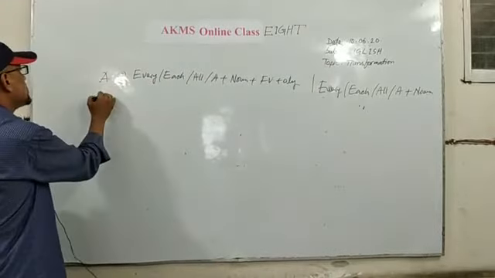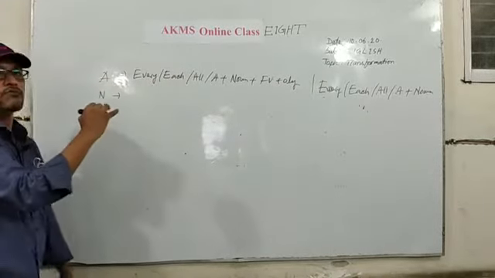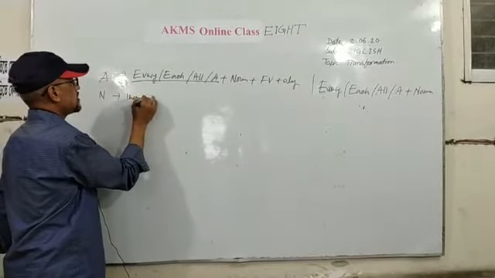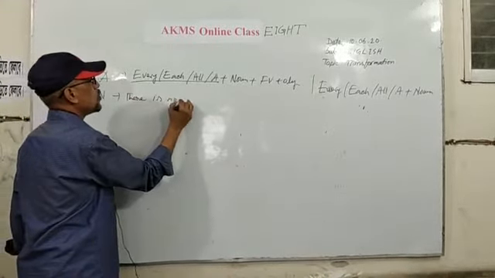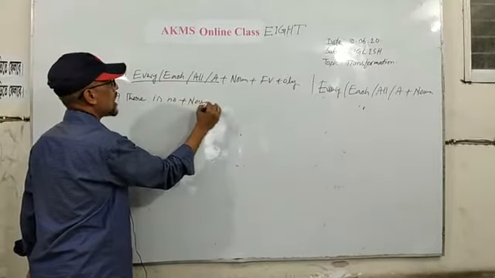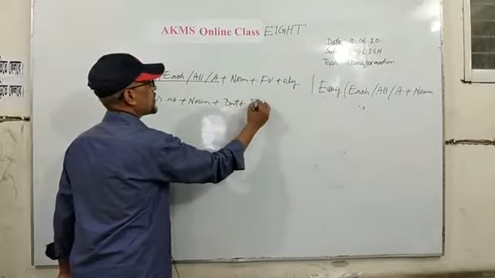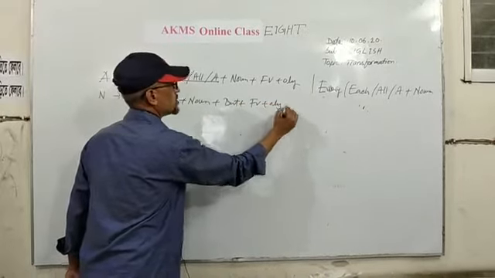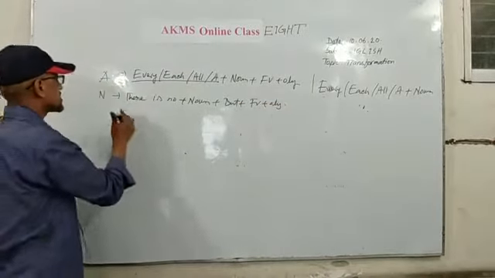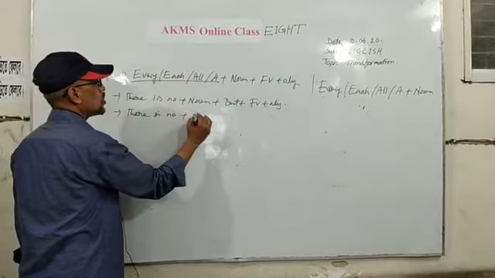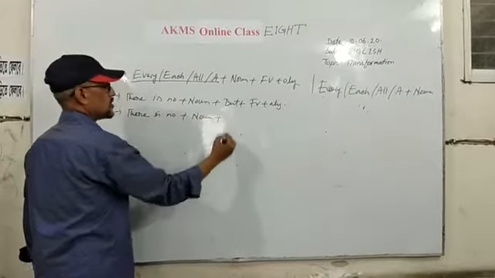To make it negative, the form will be there is no, noun. You will use but and finite verb and object here. The second rule, there is no, noun.